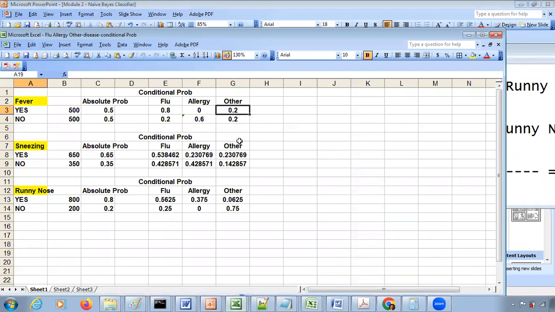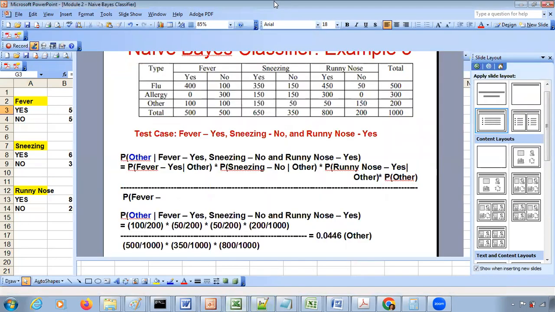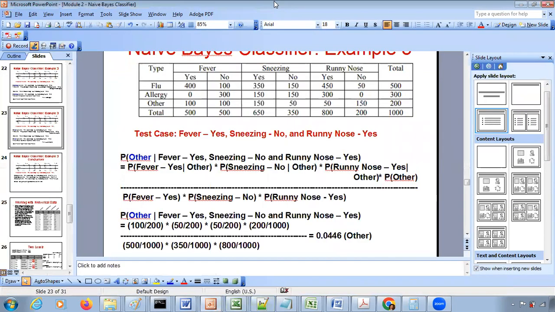We went with other, whereas yes, 100 or 500? Yeah, this should be 500. So my calculations are wrong here. 50 over 350, so that's the wrong thing.